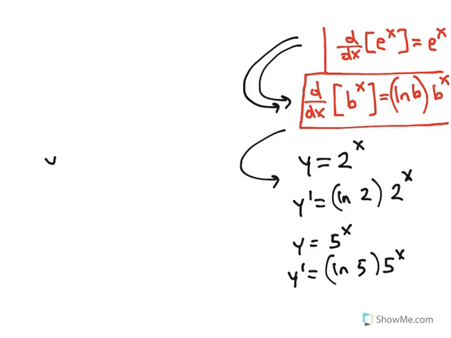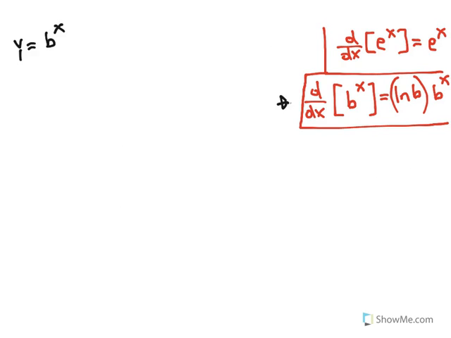So if you have y is equal to 10 to the x, the derivative would simply be natural log of the base times the function. So that's the new differentiation rule that we're learning today. And we'd like to go ahead and see how we can derive it from the differentiation rule for the natural exponential function.